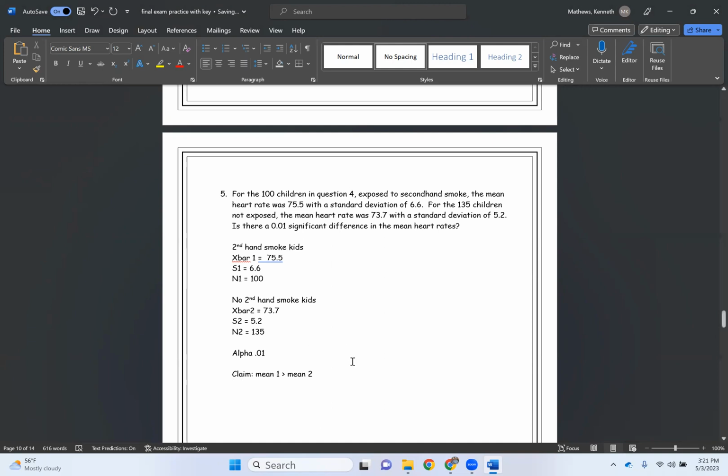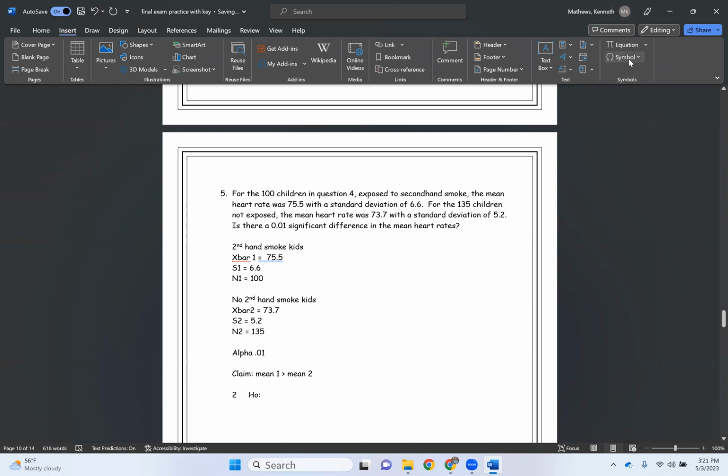Part 2 is that the null hypothesis, mu1 minus mu2, is equal to 0.